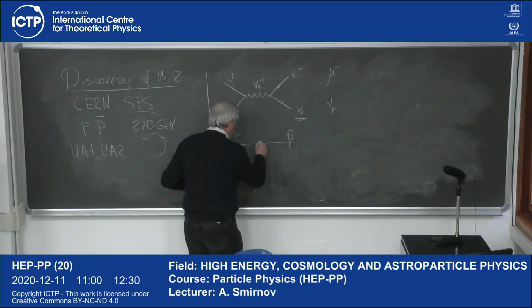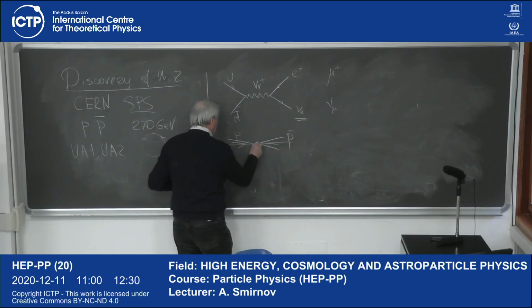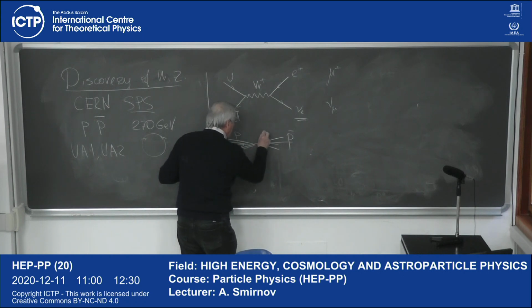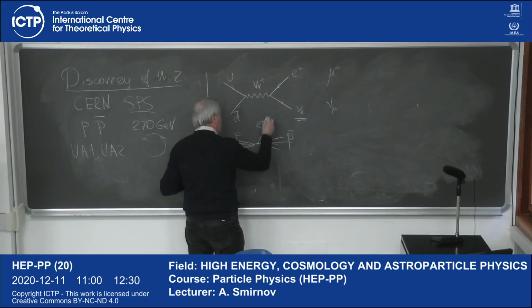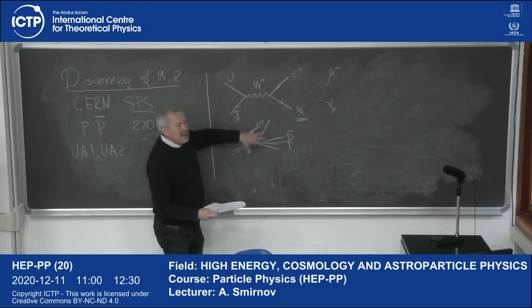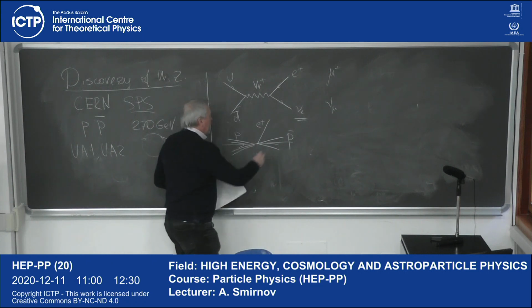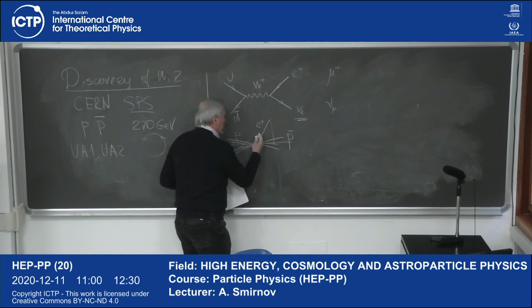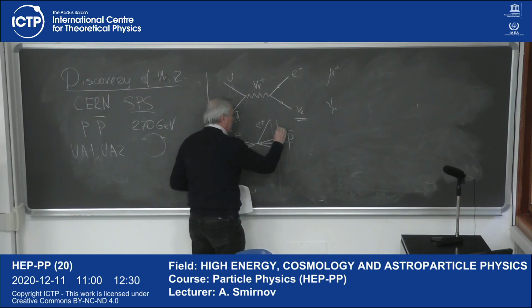So it was this collision, then quark and antiquark annihilate, and you have many secondary particles, the energies are quite big, and just one electron or positron, like in this process, with big transverse momentum. We say that momentum which is orthogonal to the direction of collision is transverse momentum, Pt.